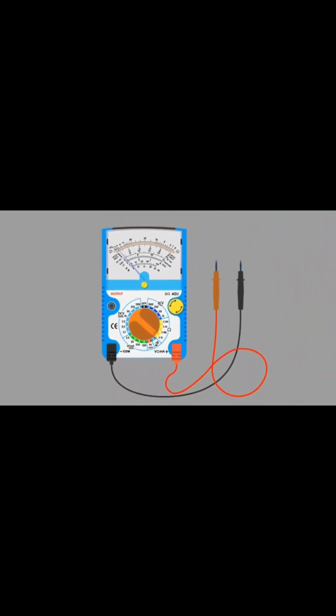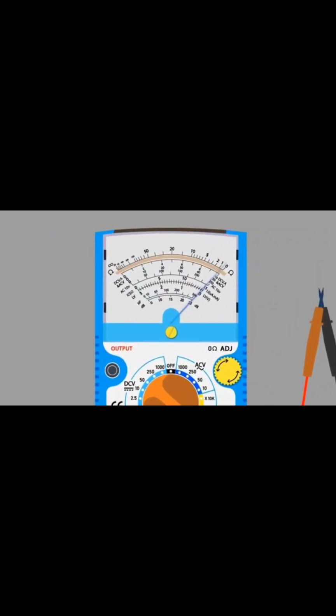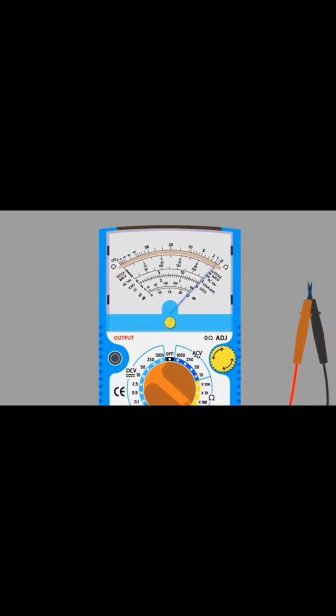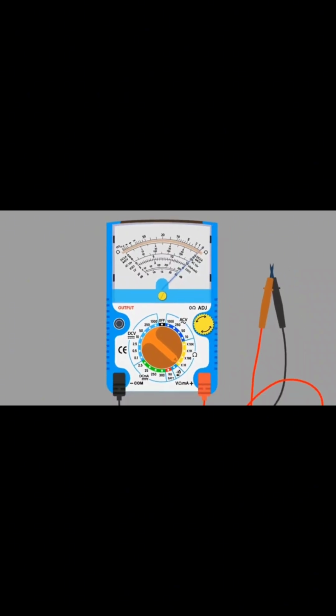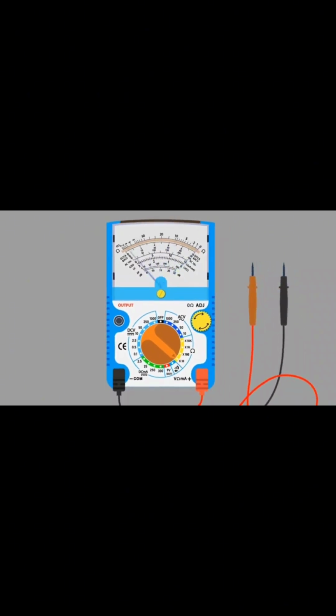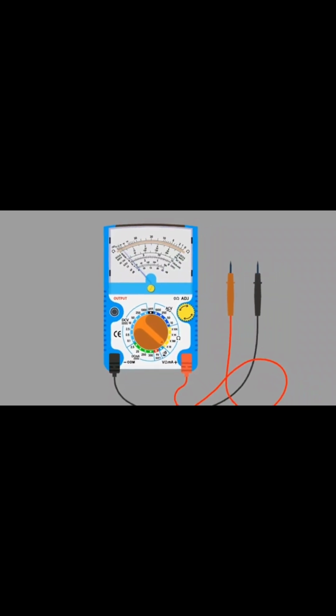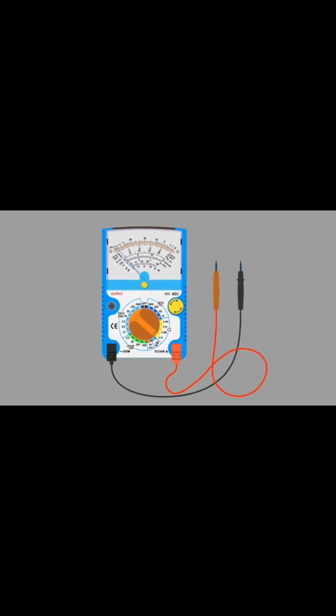It's time to calibrate the multimeter. Short both probes. If you notice, the multimeter needle is not at 0 ohm. Rotate the ohmic knob clockwise or anti-clockwise in order to adjust the needle at the 0 scale. Disconnect the probes. Now our multimeter is calibrated and ready to take a reading.